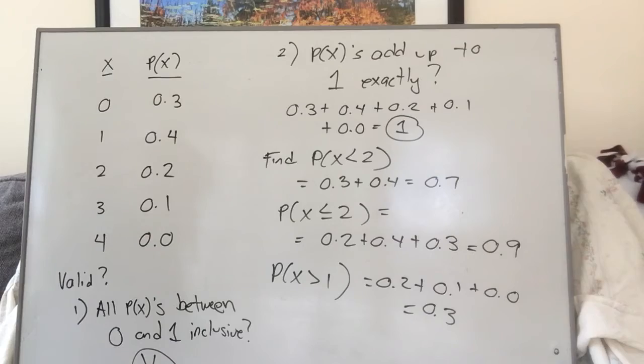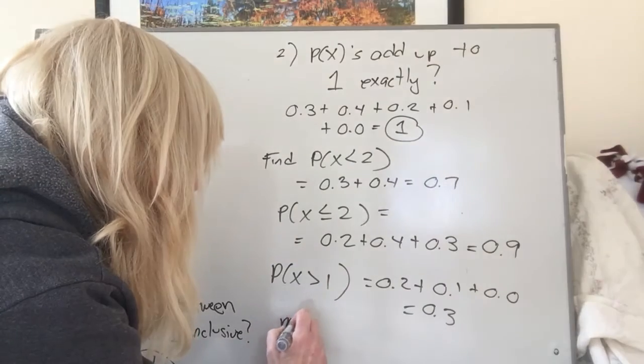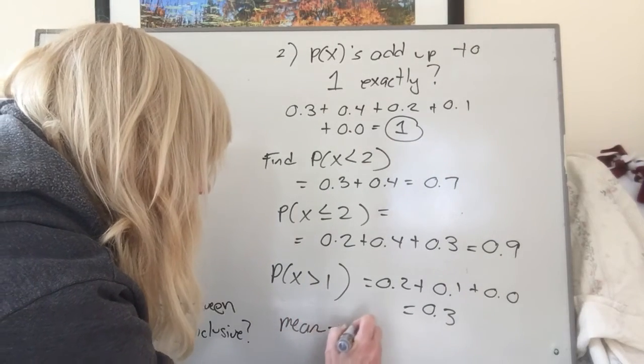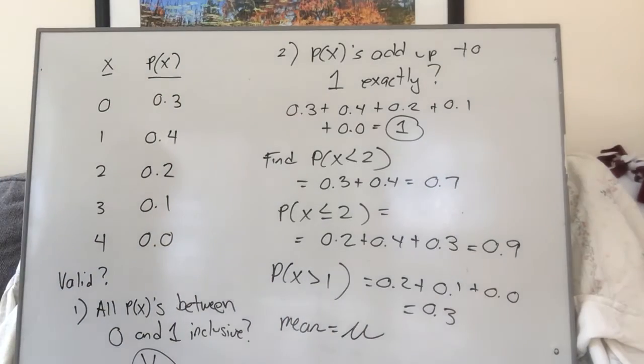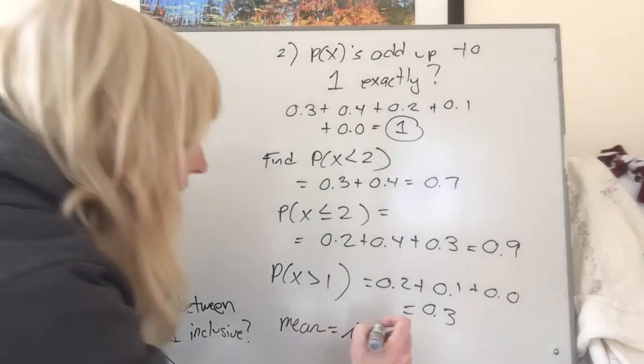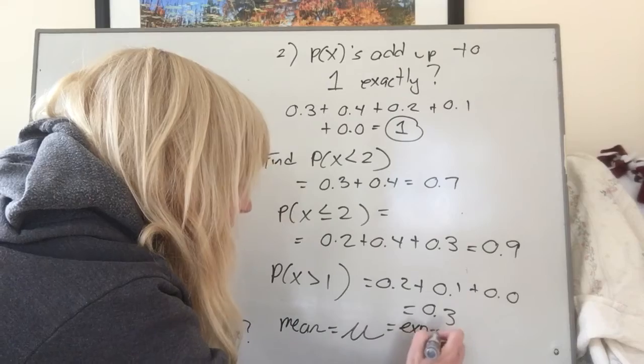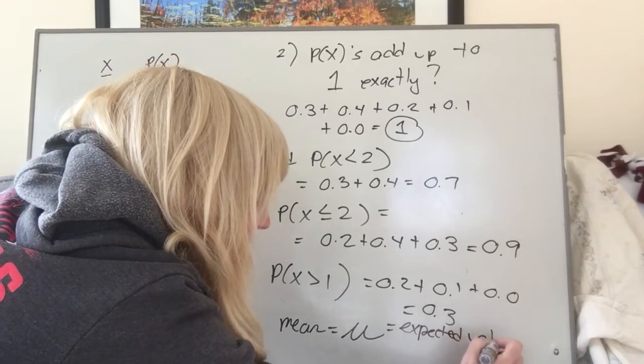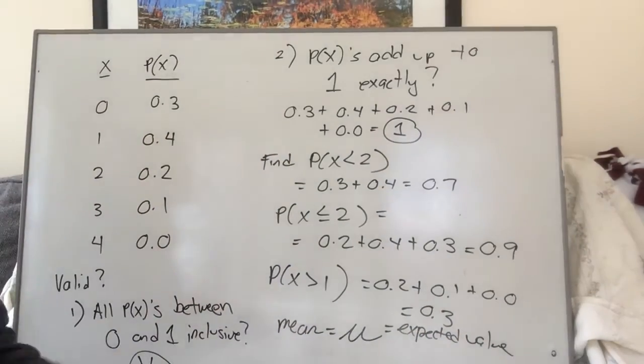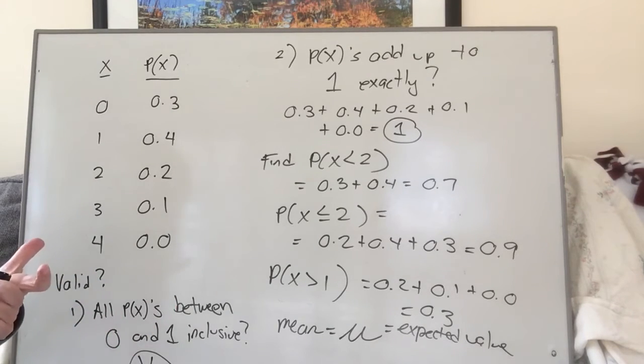But to find the mean of the probability distribution, remember that crazy looking mu? It's also equivalent to expected value. That's another term for it. So what do you expect x to be if you did this experiment over and over again? What would be the average x value that you would get? That's basically what it means.